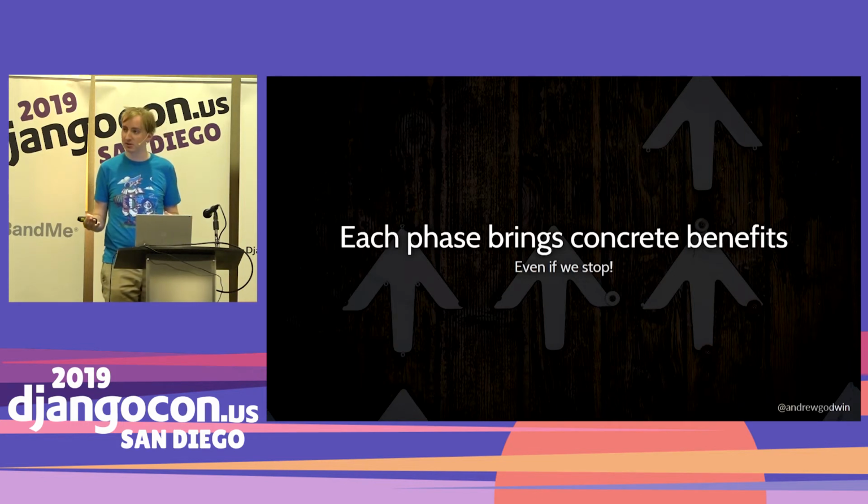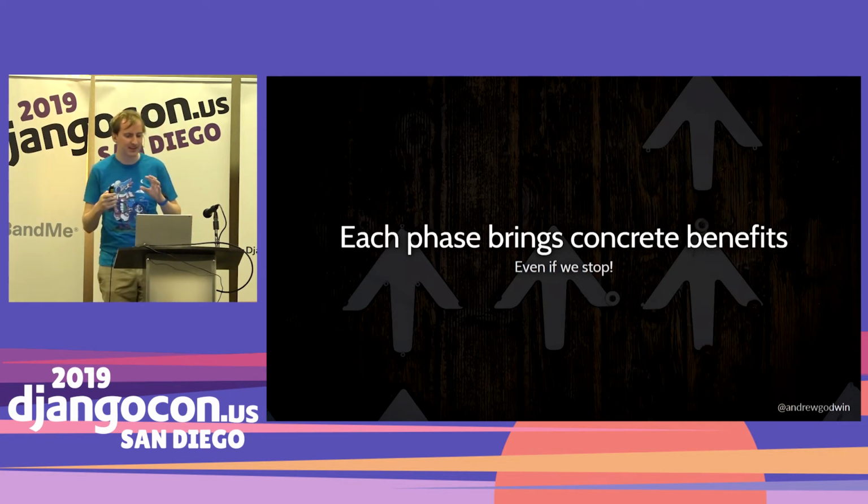If we cancel after phase 2 and just have async views, that in itself is a huge benefit. People can now use things like async request libraries and talk to things themselves. They can't use the ORM the same way, but they can do a lot of API calls easily, and a lot of modern web development is API driven. And of course, if we do half the ORM, that's still going to bring performance improvements.